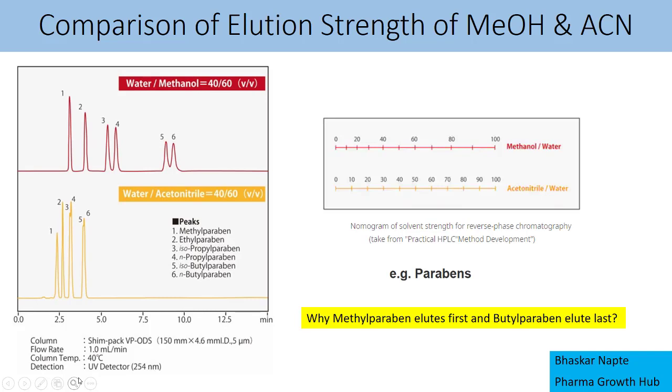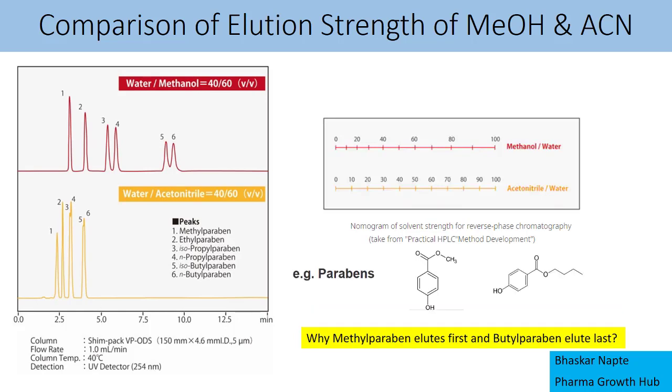There are 6 different analytes: methyl paraben, ethyl paraben, isopropyl paraben, N-propyl paraben, isobutyl paraben, and the last one is N-butyl paraben. If you look at the elution time of these parabens in methanol, you will find that they get retained for a good amount of time. But with ACN, the retention time is much reduced. This one experiment proves that ACN is stronger than methanol in reverse phase chromatography.